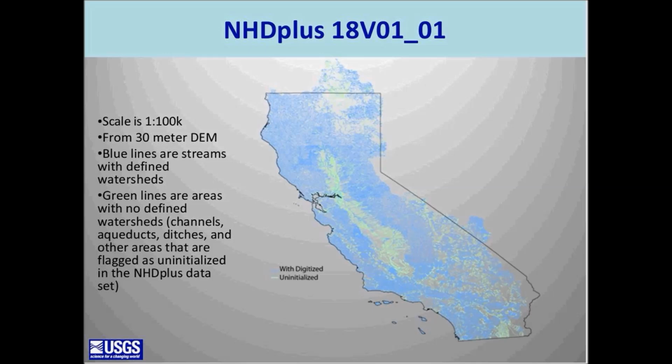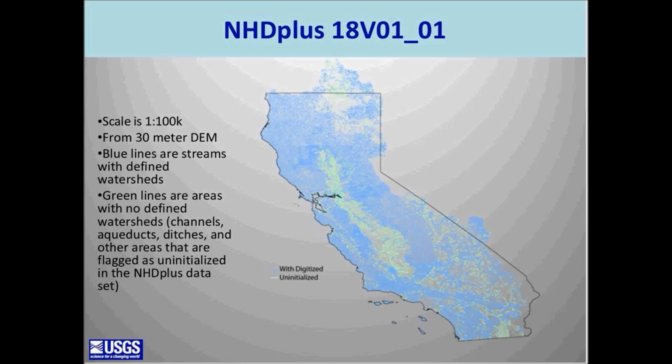The blue lines here are what they call the initiated streams, which are streams that have watersheds identified with them. And then the green lines are considered uninitiated, which are basically stream types like canals, ditches, aqueducts, anything that cannot be assigned a watershed.